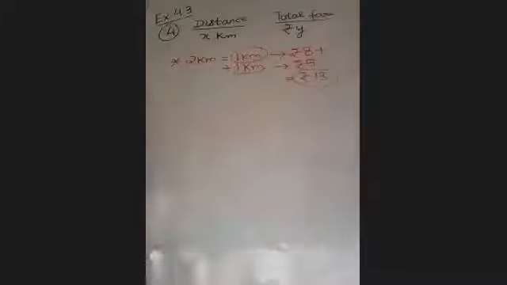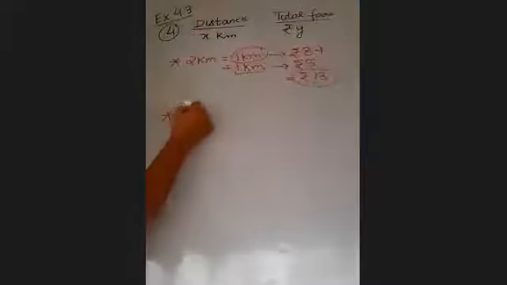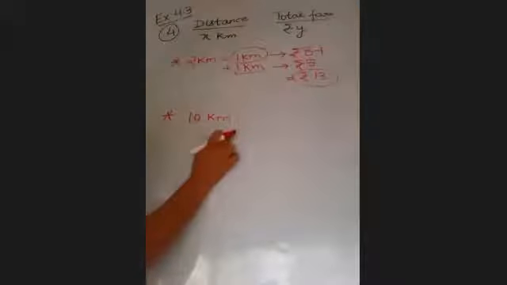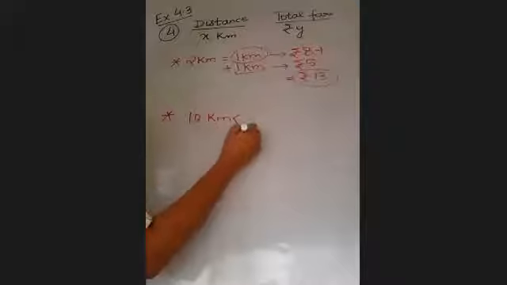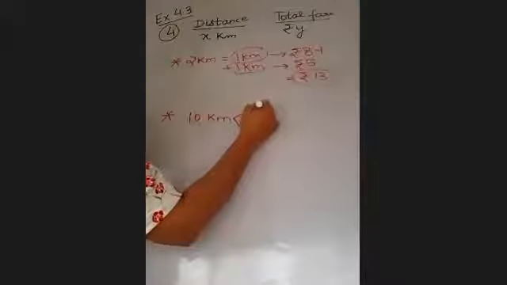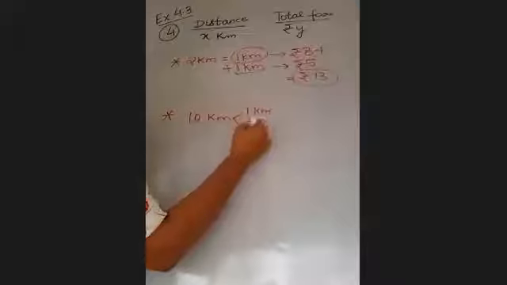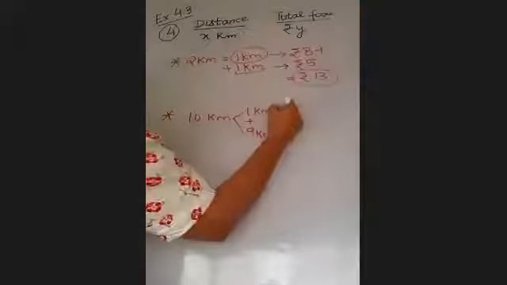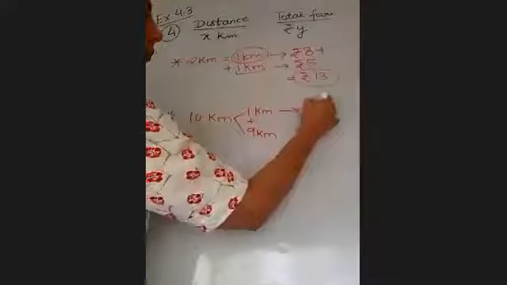Now suppose you are traveling a total of 10 kilometers. How will you divide this 10 kilometers? 1 kilometer plus 9 kilometers. Because for 1 kilometer, we have to pay how much? 8.